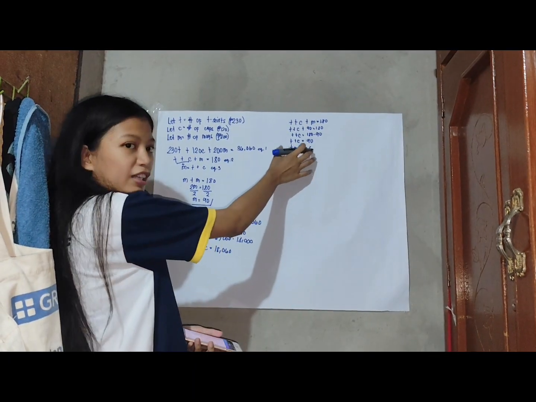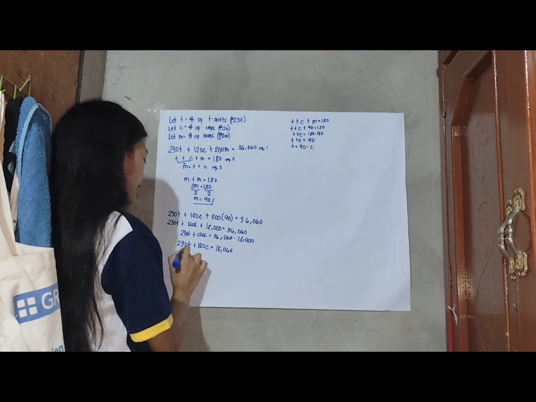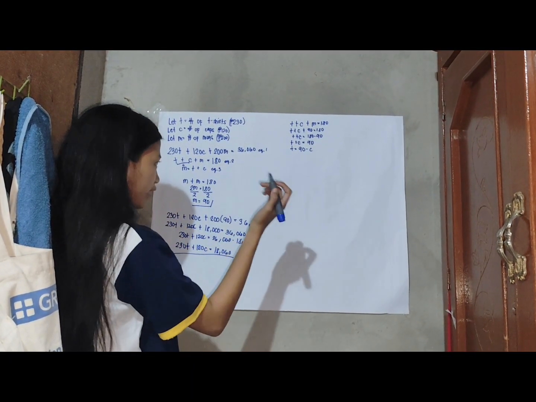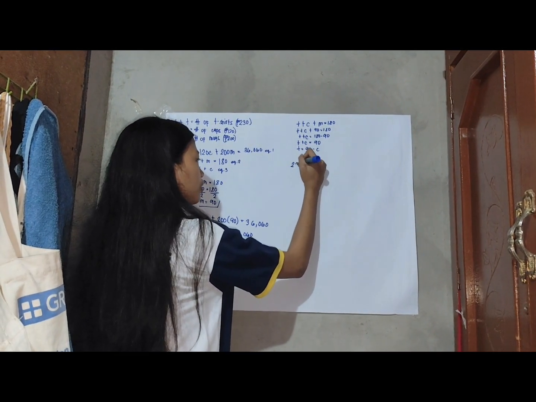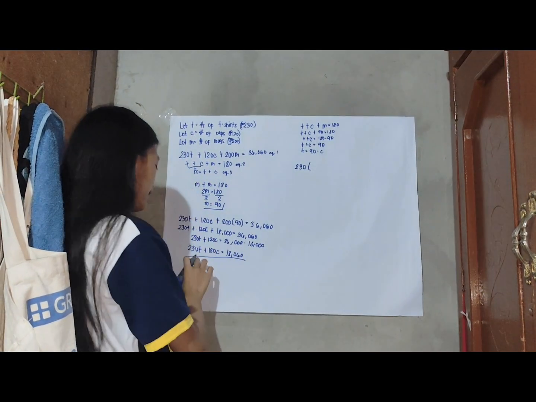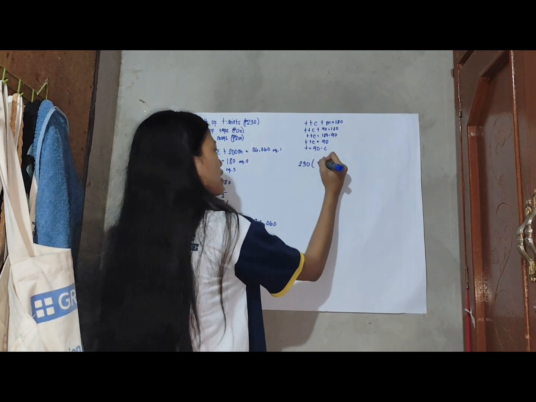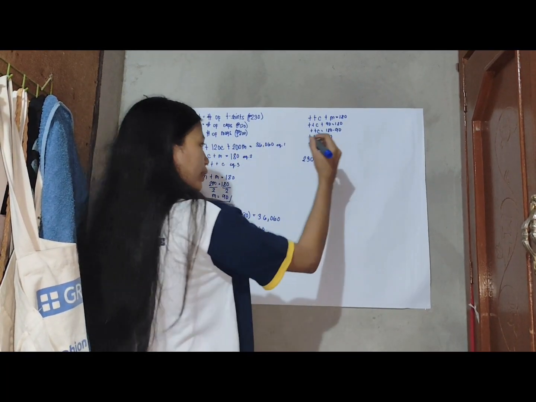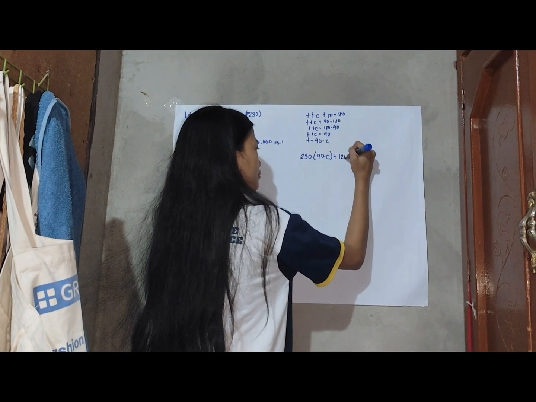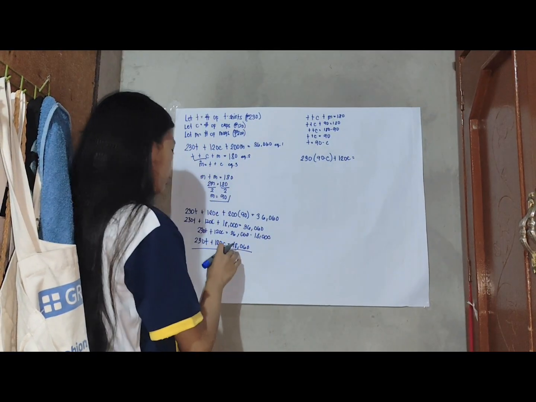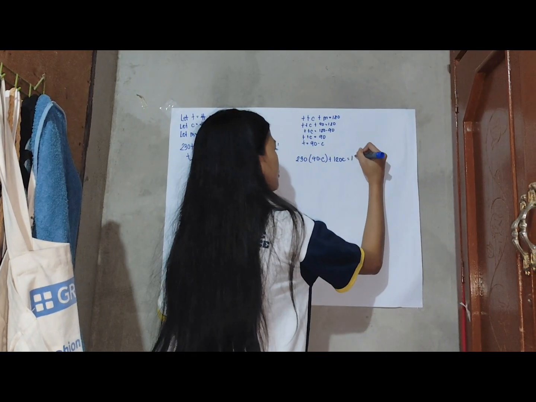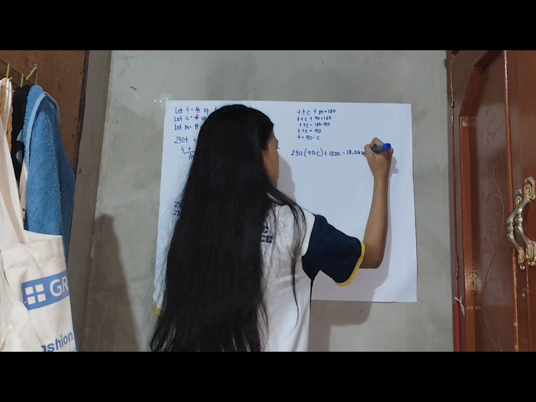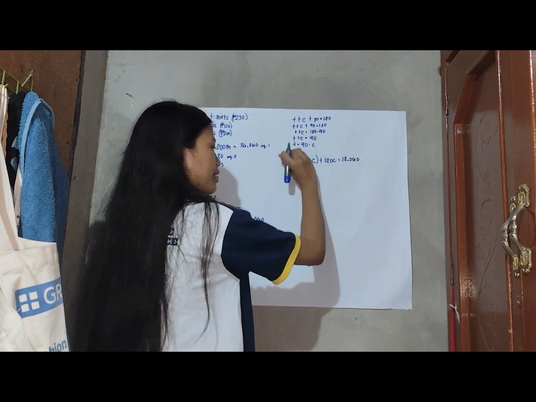Then we can use the value of t here to substitute in this equation. So let's try that again. 230 times t, which is 90 minus c, plus 120c is equal to 18,060. Then distribute.